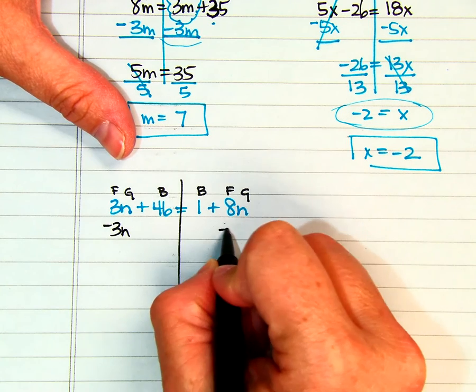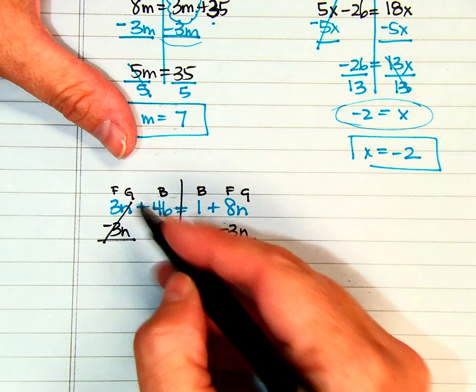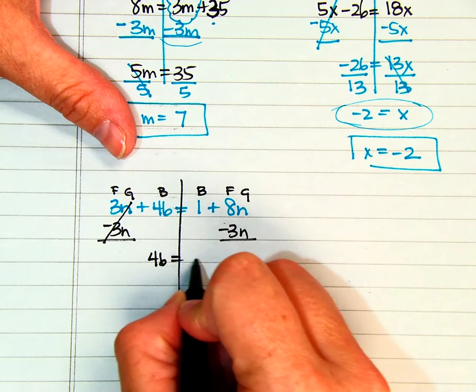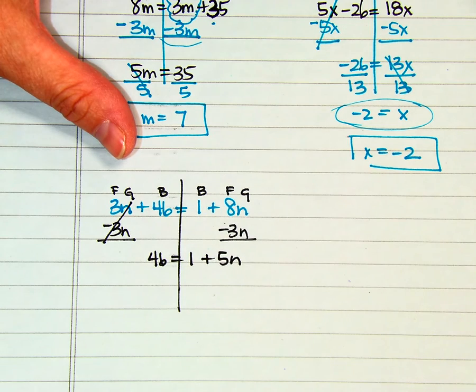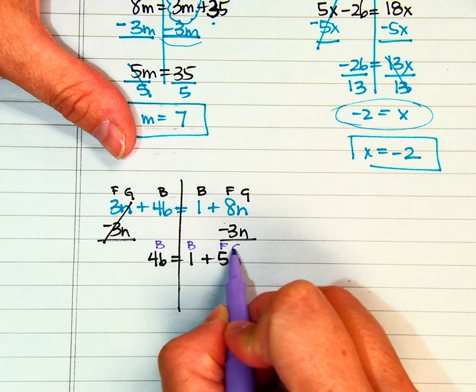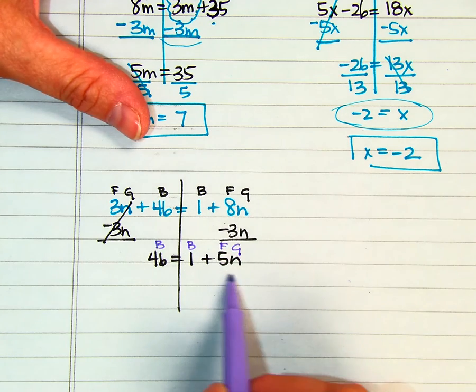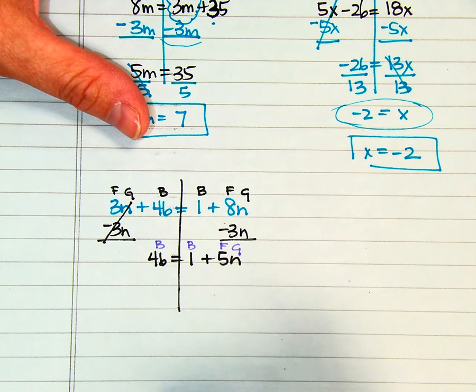I'm going to subtract 3n from both sides, and I have 46 equals 1 plus 5n. If you notice what I did, this is still a bad guy, friends, and good guys. All my friends and good guys are together on the same side. Now I've got to boot my bad guys.